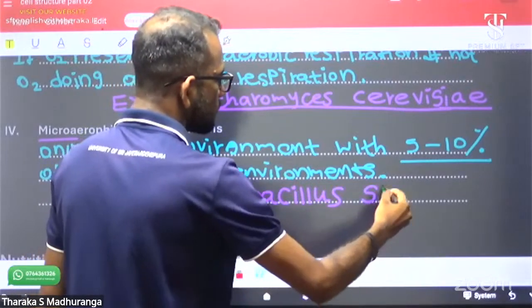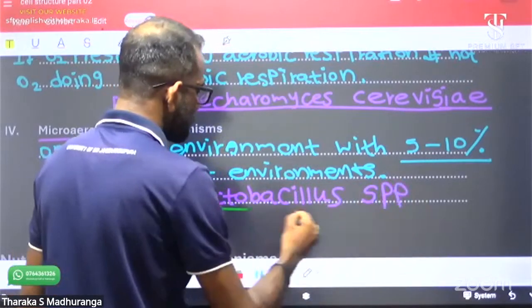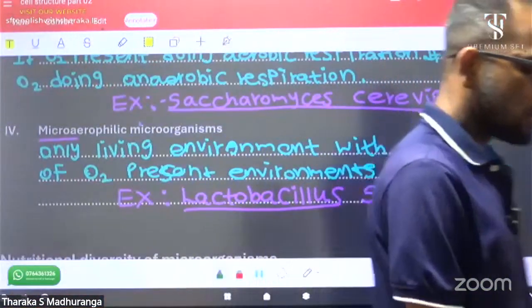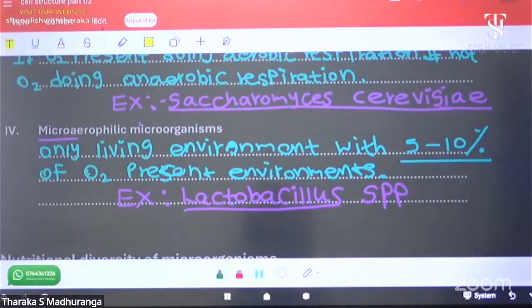Lactobacillus species are microaerophilic. Okay, note down.